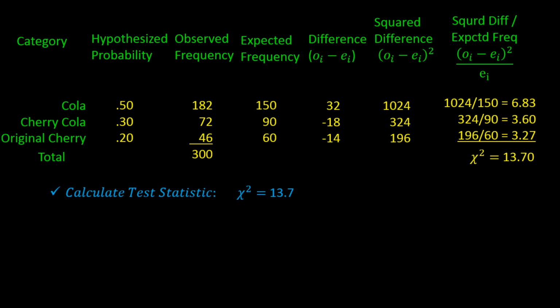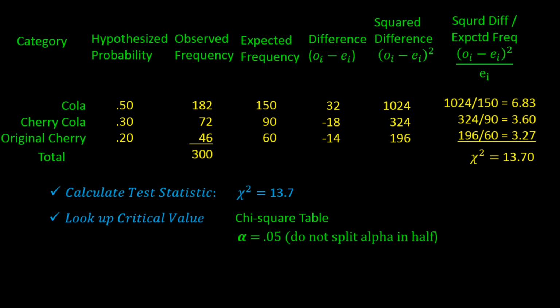And now our next step is to look up the critical value. This time we look it up not in the z table, not in the t table, but in the chi-square table. To read a chi-square table, we will need alpha, so let's use alpha 0.05, and we will need degrees of freedom, and for a chi-square table, degrees of freedom is defined as k minus 1, where k is the number of categories.